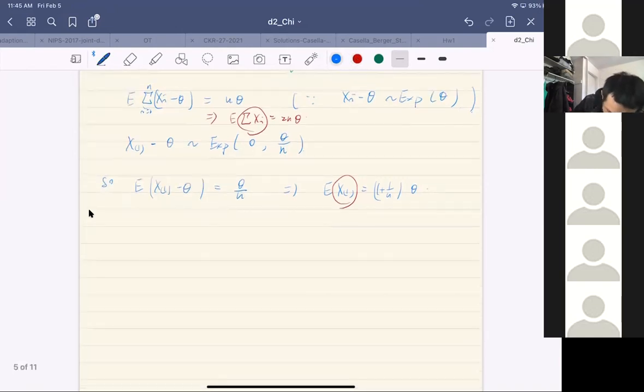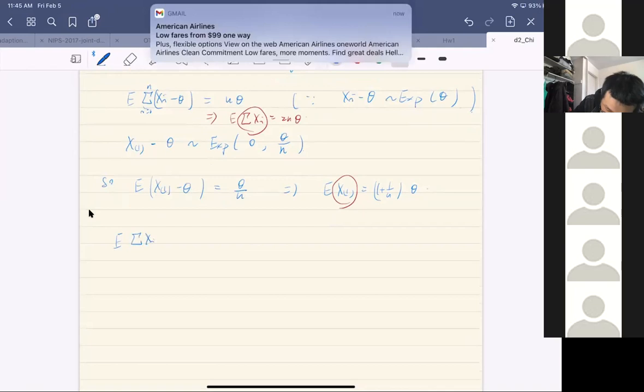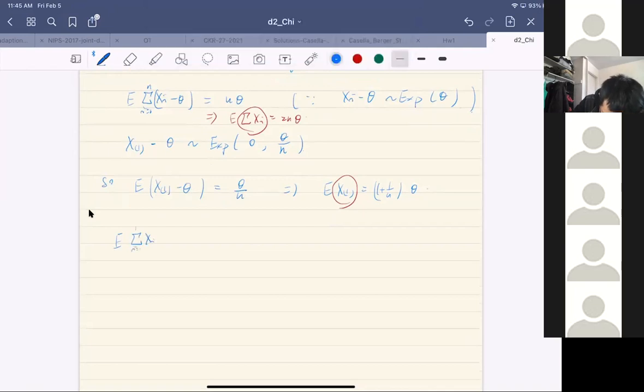So like this, we can say summation Si minus 2n X1 is equal to 0 for all theta.